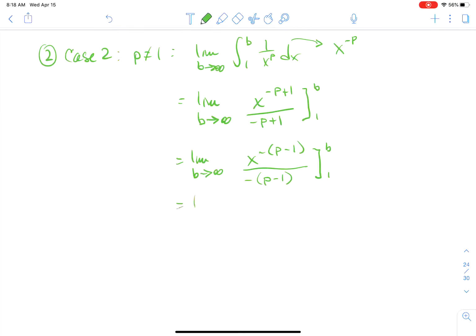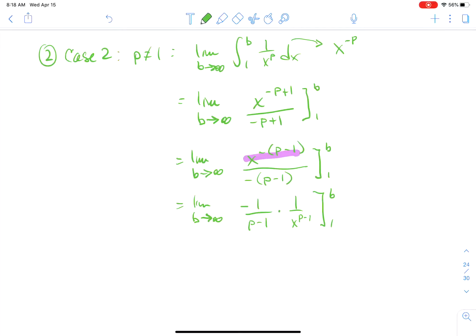Okay, keep rewriting. It's essential. So the top part of this, of course, is going to go down to the bottom because it has a negative exponent. So I have a negative 1 over p minus 1. That's me rewriting the negative p minus 1 on the bottom. Times 1 over x to the p minus 1, evaluated from 1 to b.